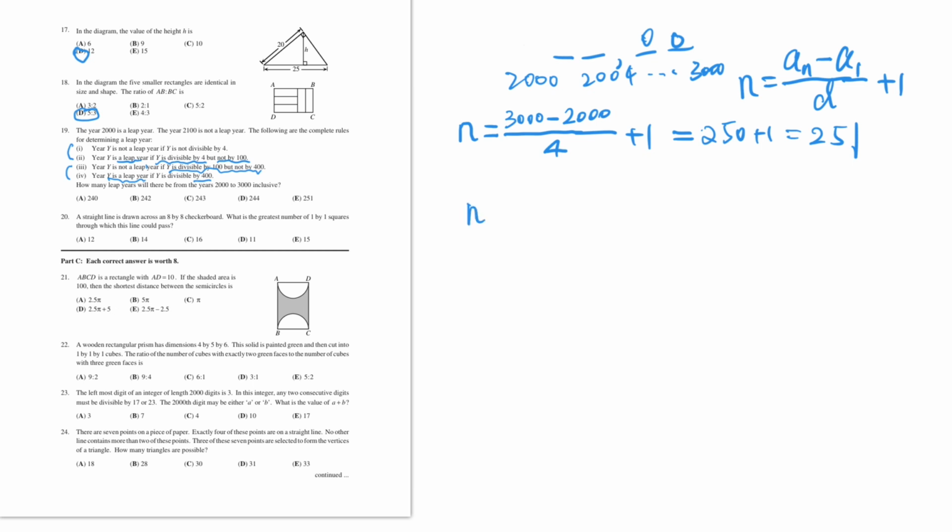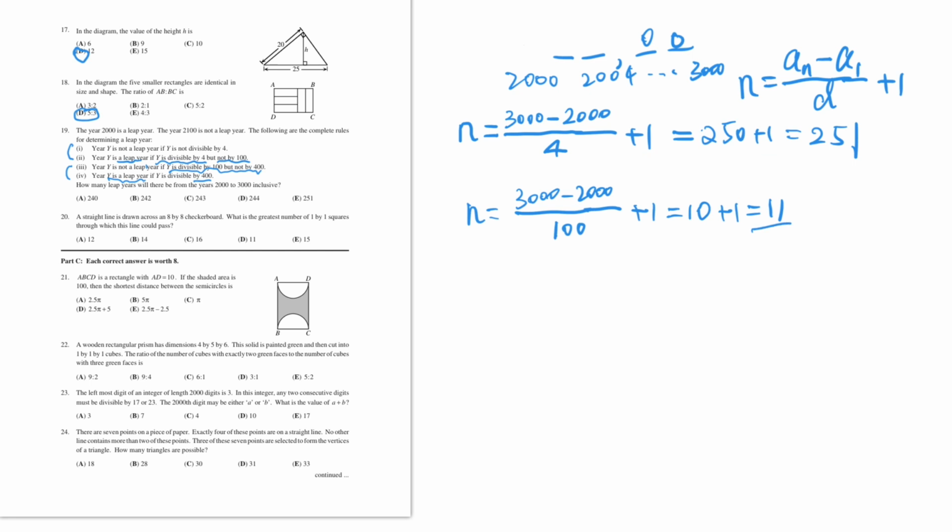We still use the formula: 3000 minus 2000, divided by 100 because of divisible by 100. So 2000, 2100, 2200, then plus 1. That's 1000 divided by 100, that's 10, plus 1, that's 11.